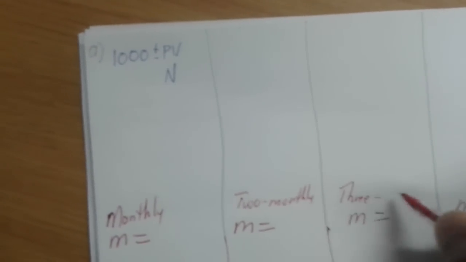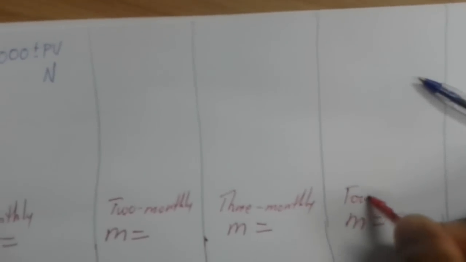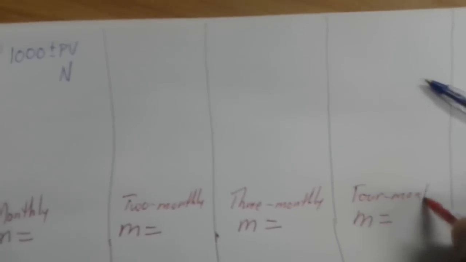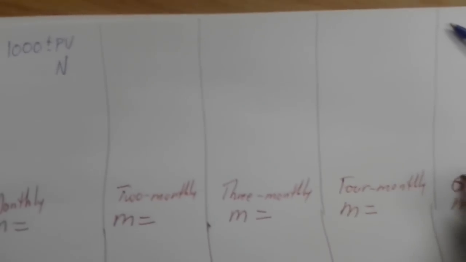If we compound monthly, we compound 2 monthly, we compound 3 monthly, again we compound 4 monthly, we compound 5 monthly, 6 monthly.